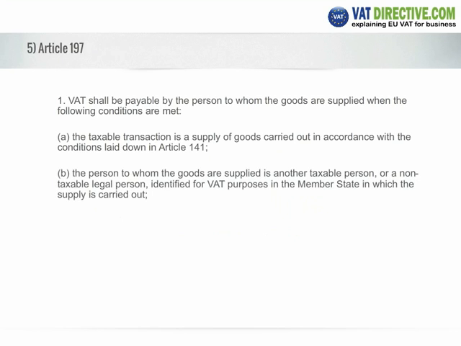And B, the person to whom the goods are supplied, the Frenchco, is another taxable person, or non-taxable legal person, identified for VAT purposes in the member state in which the supply is carried out. So I'm selling to Frenchco, the Frenchco is registered in the member state in which the goods arrive. So that's that condition within Article 197 met.